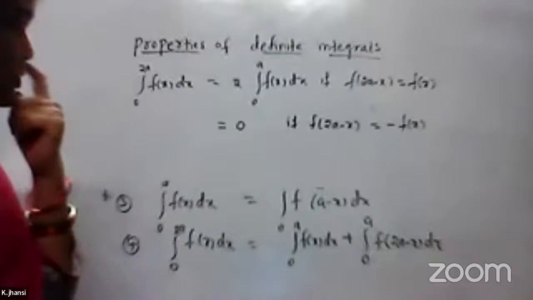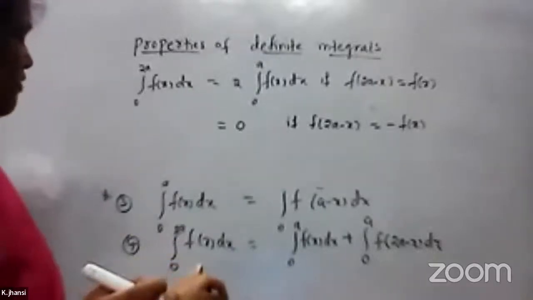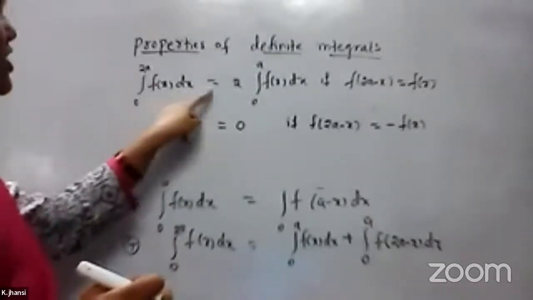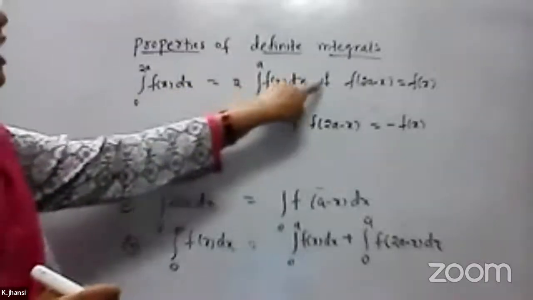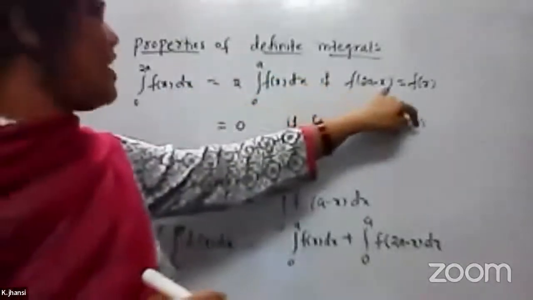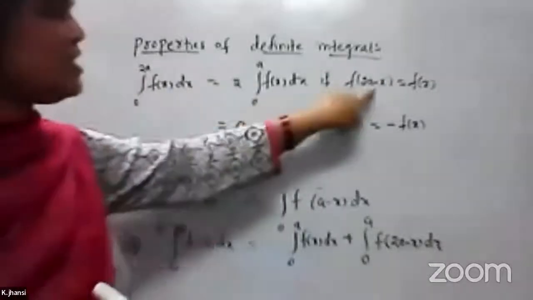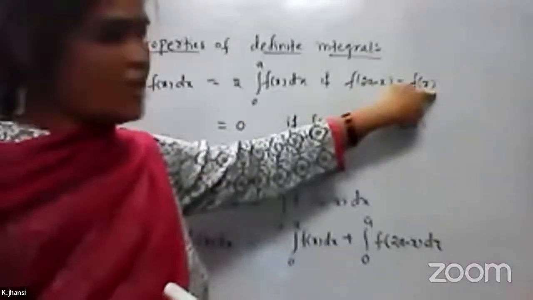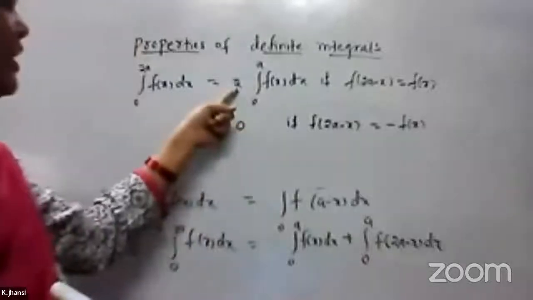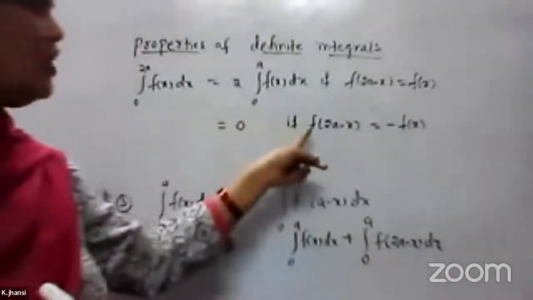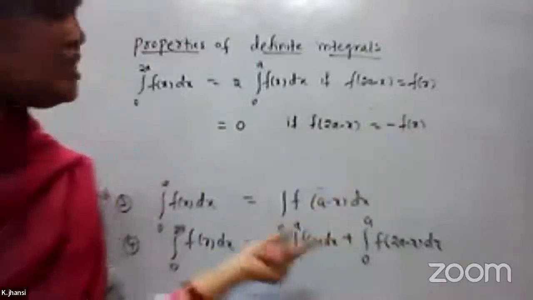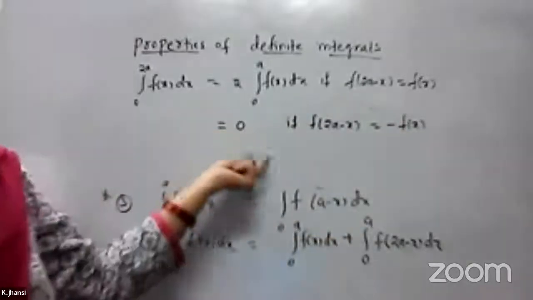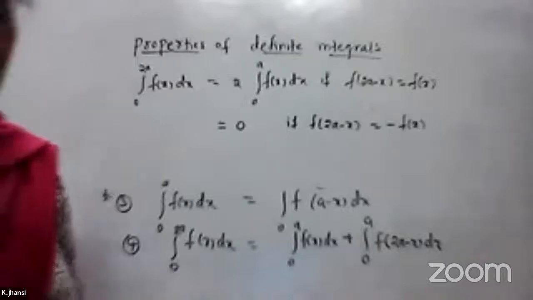So if 2a minus x gives you the f of x function, then we get this as the answer. If you get f of (2a minus x) as minus f of x, you will get the answer as 0. Okay, so this is the fifth one.